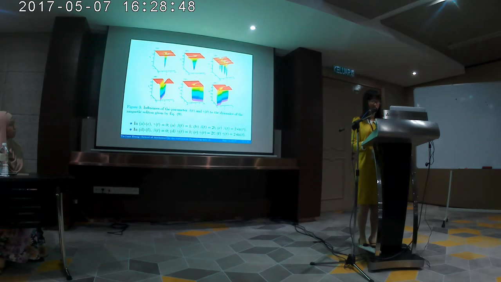Gamma t is 0 because we just want to see how beta t influences the property of the magnetic soliton solution. And in D, E, F, we let beta t equal 0 and change gamma t, to see what happens when gamma t changes the property of the magnetic soliton solution.